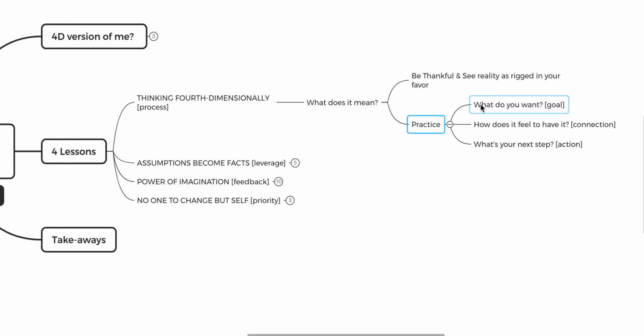Practice asking yourself as often as you can, what do you want? Ask your soul, your heart, your highest self, whatever you like, knowing that it speaks to your heart.